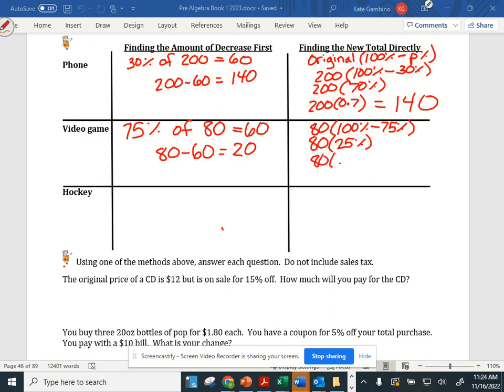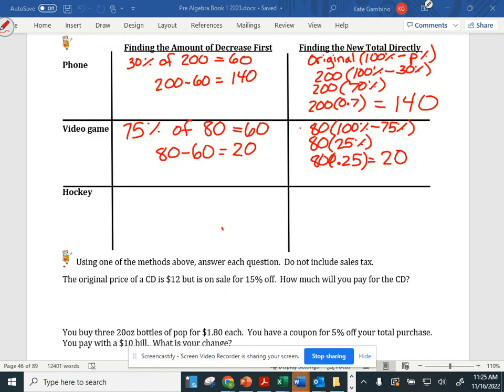So 80 times 0.25 gives us 20. Okay, so we're doing the same kind of math. I'm not working out the multiplication problems like I've been doing because you know how to multiply it. Make sure you're checking your simple math.